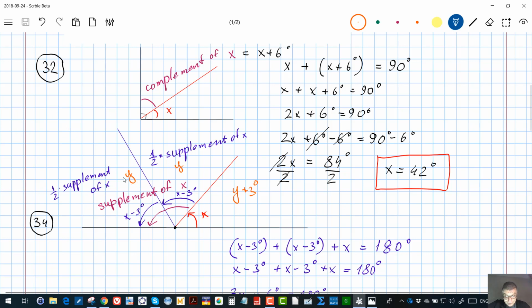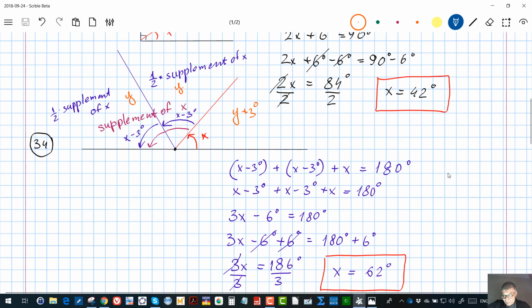In the second case, 3y plus 3 degrees is 180. Let's solve it in y's. It's y plus y plus y plus 3 degrees. It's 180 again. It gives us 3y equals 177.